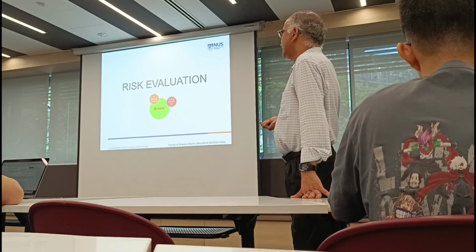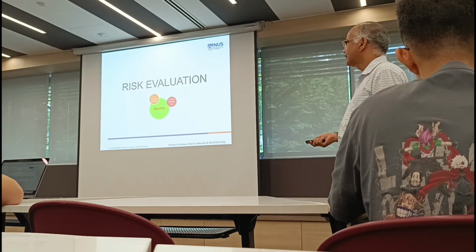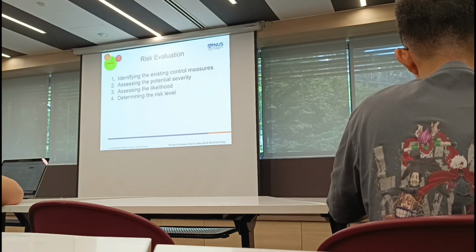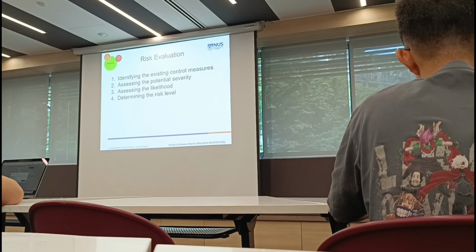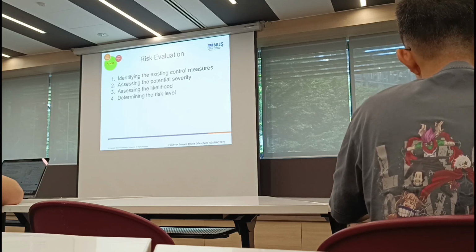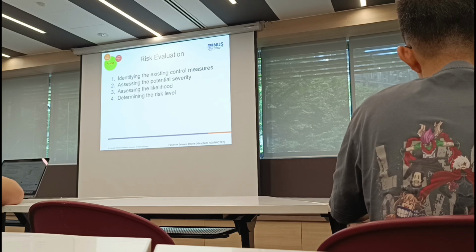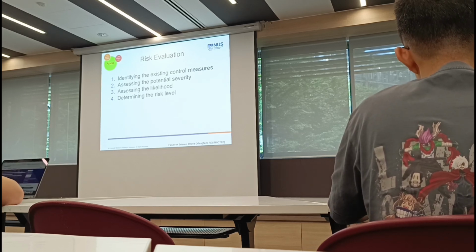So risk evaluation, existing controls and risk evaluation associated with it: identifying the existing control measures, assessing the potential severity and the likelihood. Remember, in the last class I also mentioned that risk is a multiplication of severity and likelihood. So we give some numbers and then see how bad that is, determining the risk.